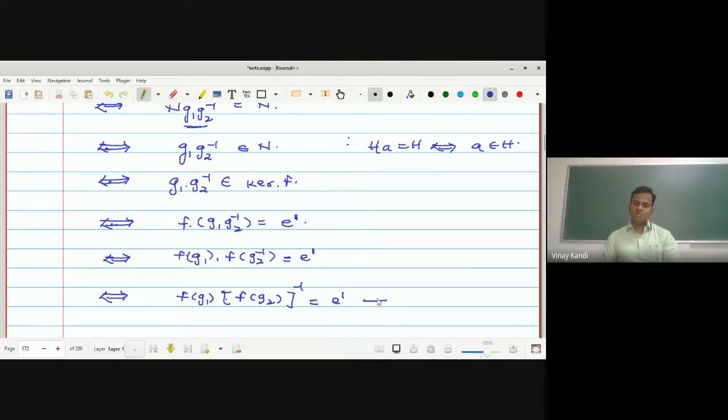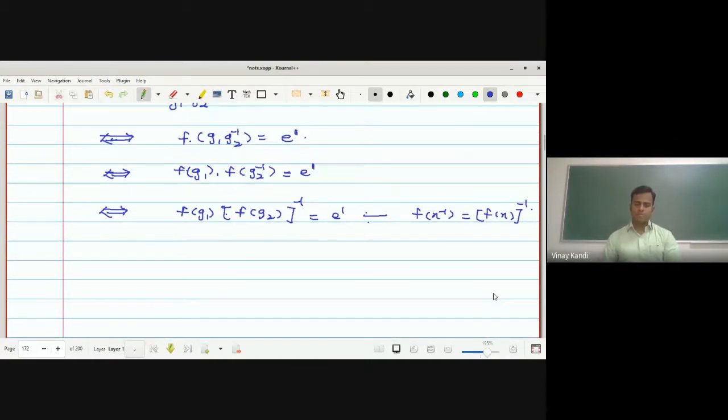What is the reason here? f of x inverse is equal to f of x whole bracket inverse. This is the result we have. By post multiplying by f of g2, f of g1 into f of g2 inverse into f of g2 is equal to e dash into f of g2.